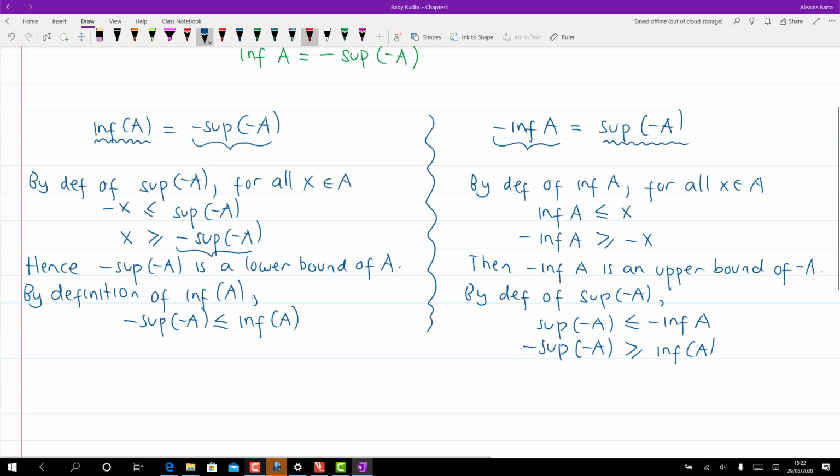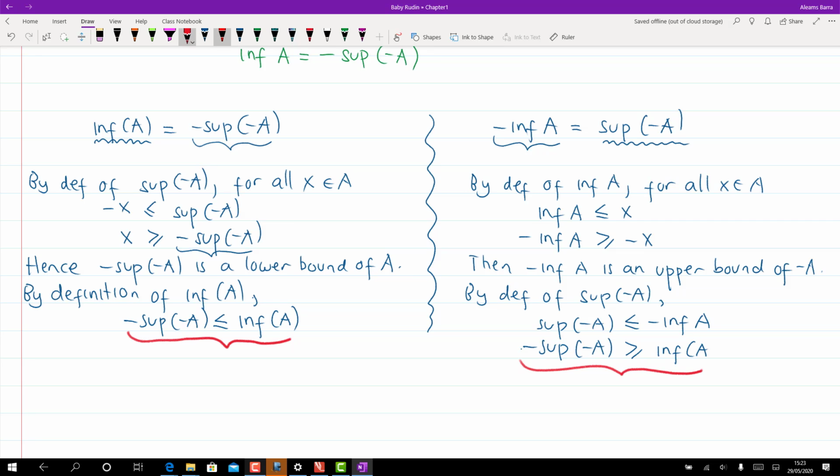Okay, so now we have a pair of inequalities. In the left column, we have that the left is less than or equal to the right. Meanwhile, on the right hand side, it says that the left is greater than or equal to the right.